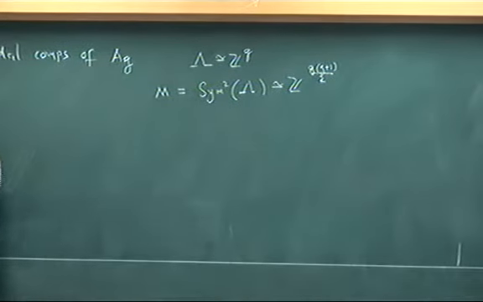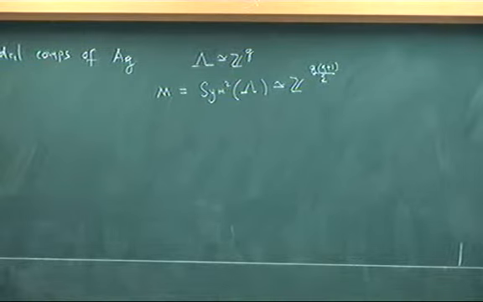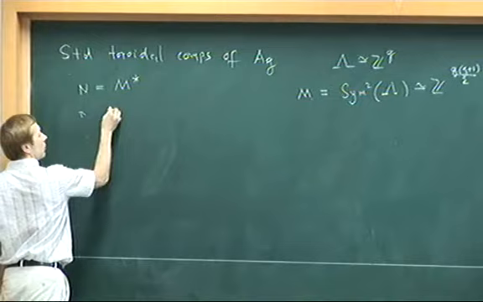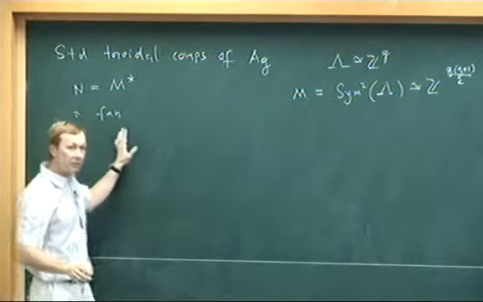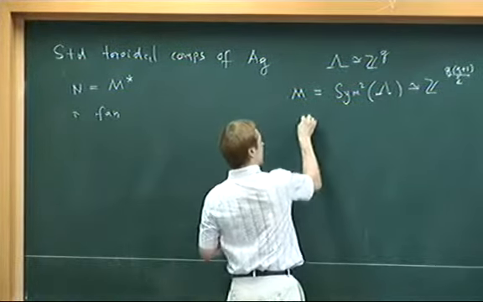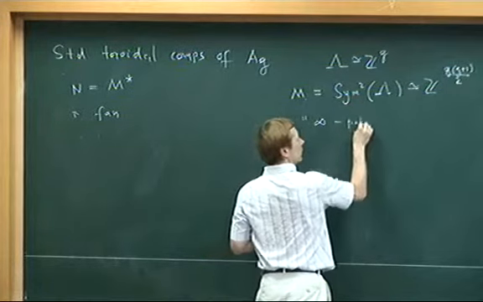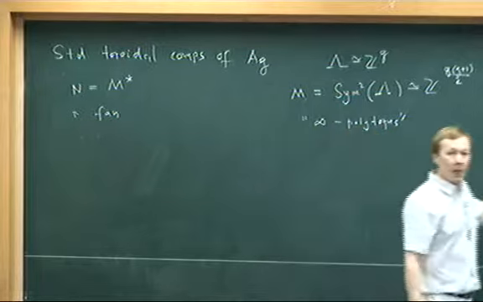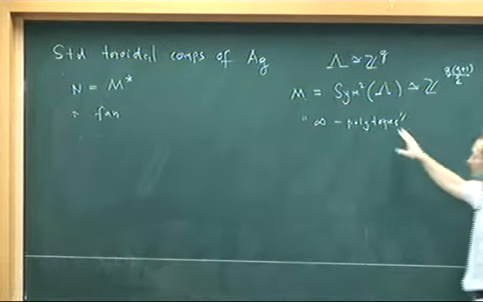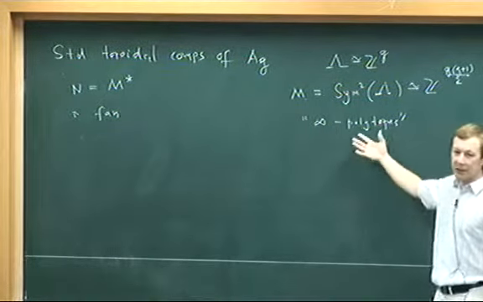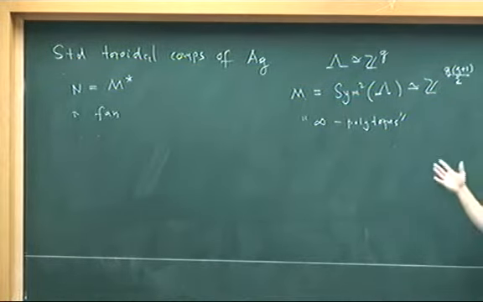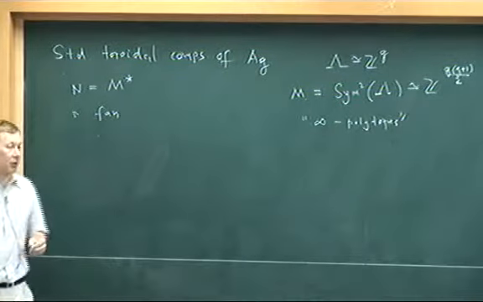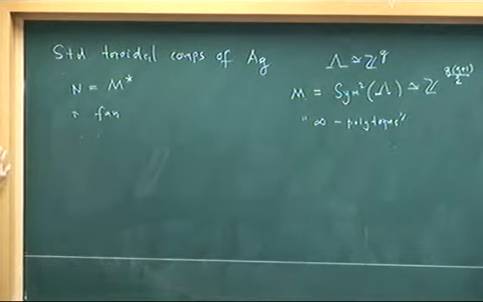And N is the dual of that lattice. This is where the fan lives, and this is where the infinite polytopes live. When you have an infinite polytope, that corresponds to a projective toroidal compactification, and an arbitrary toroidal compactification corresponds to a fan.